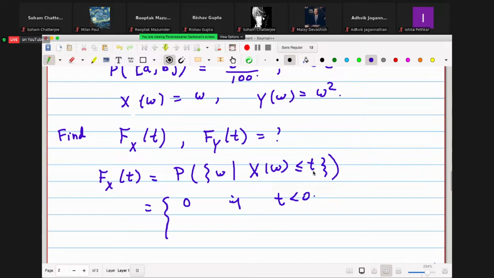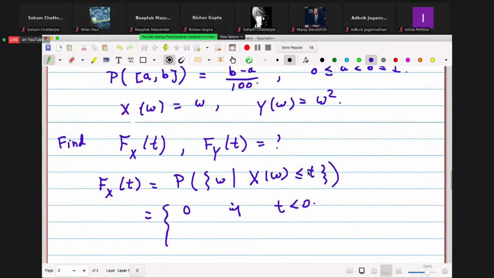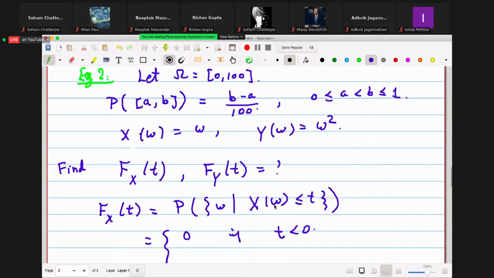And if t is between 0 and 100, then what do I get? This is all those omega in capital omega, so only the points within 0 to 100 matter. So I will get 0 to t, because X of omega is omega. So this is just omega less than or equal to t. So there it is t minus 0, which is just t, divided by 100, if 0 is less than or equal to t, and this happens up to t equals 100.